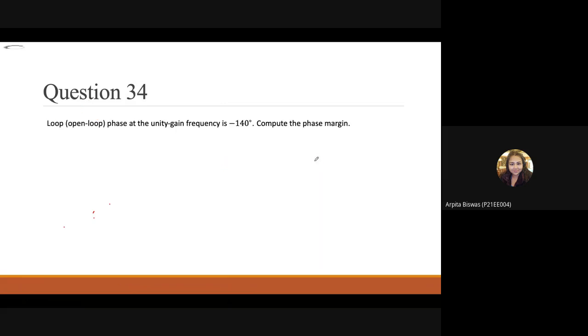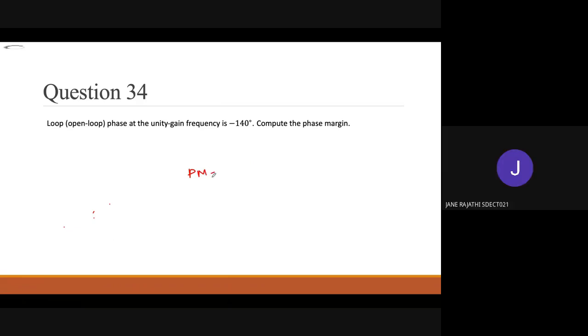Next question. The open loop phase at unity gain frequency is minus 140 degrees. Compute the phase margin. We already solved this type of question. 40 degrees, ma'am. Yes, 40.